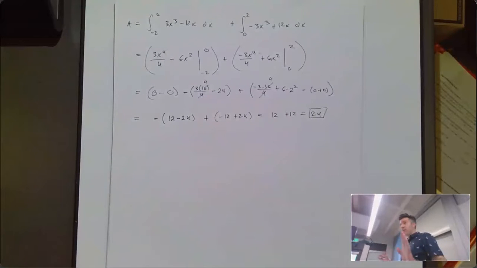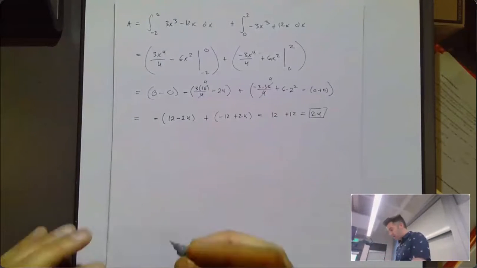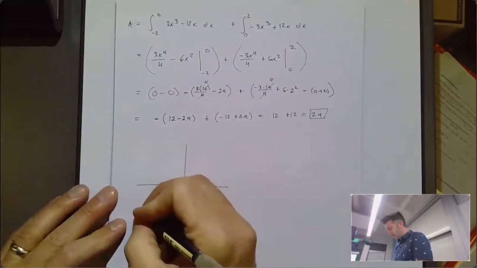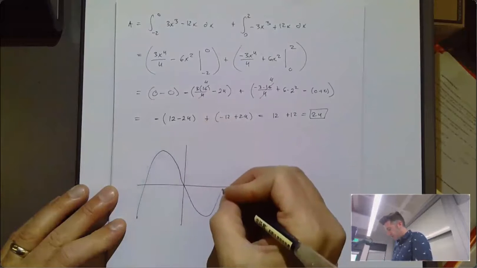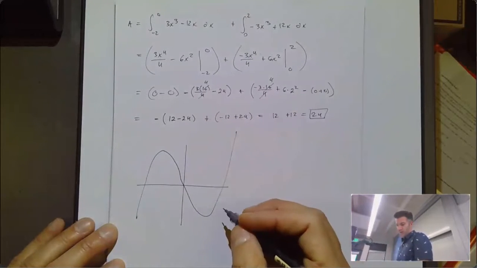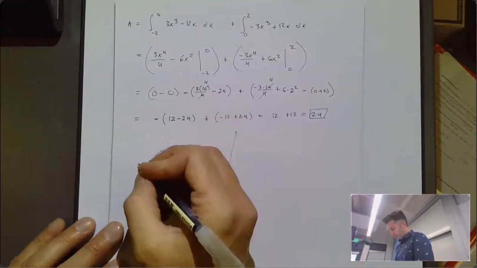We didn't need to graph this one, but just so you can see what's happening, your function f kind of looks like this, and your function g kind of looks like this.